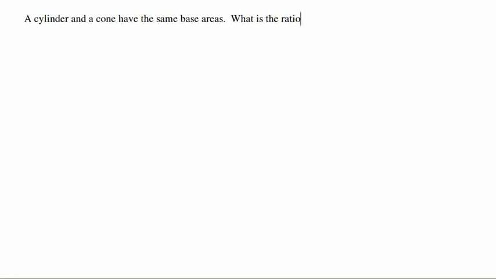What is the ratio of their heights if they also have the same volume? And you can assume that the cylinder is a right circular cylinder. Okay? So pause the video and try to work that one out, please.